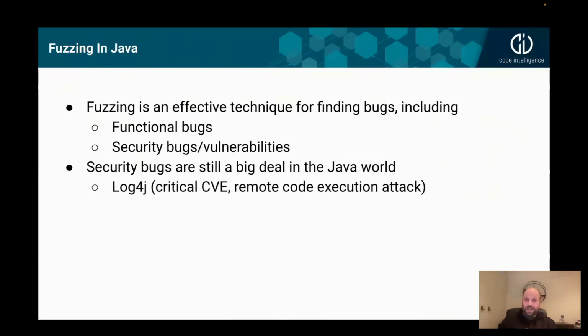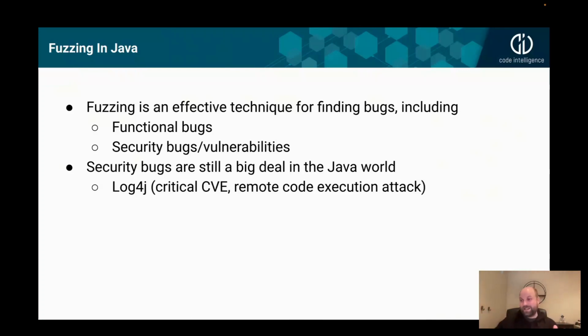For example, around 12 months ago, you might have heard of Log4j. There was a critical CVE, and Log4j had this issue where you could have a remote code execution. It was possible to take Log4j and pop a shell, a vulnerability also called Log4Shell.